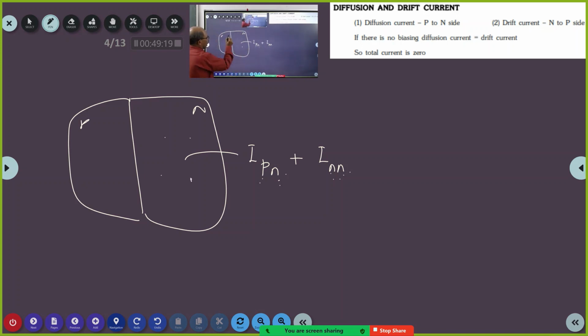Why? Because diffusion means the holes have entered here and the holes are trying to diffuse to the right. On this side, due to the charge density gradient, there is diffusion current. And this one, I_NN. What is I_NN here? The majority charges flowing in the majority region.